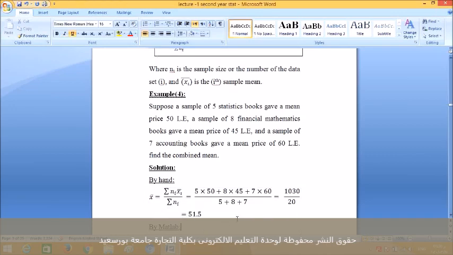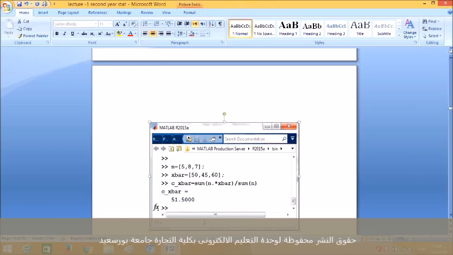The combined mean here is 51.5. Using MATLAB, as we did in case of weighted mean, we have to use the same way to compute the combined mean.